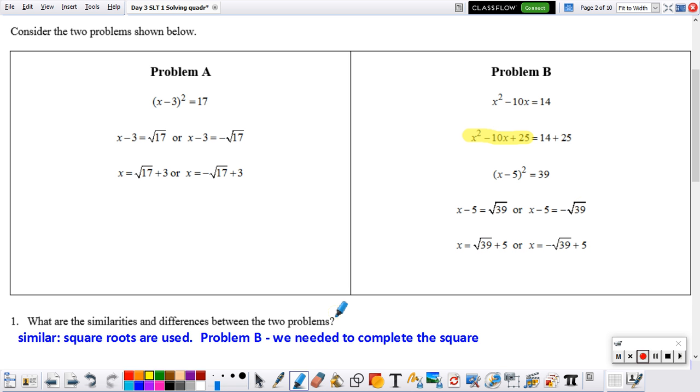So what adds to negative 10 and multiplies to positive 25? Well, that's just negative 5 and negative 5. So the intermediate step that's not being shown here is (x minus 5)(x minus 5), and that becomes (x minus 5) squared. All right, so let's go ahead and flip to the next page.